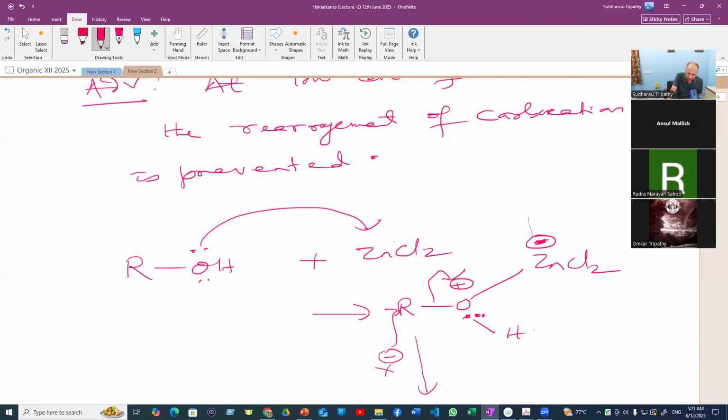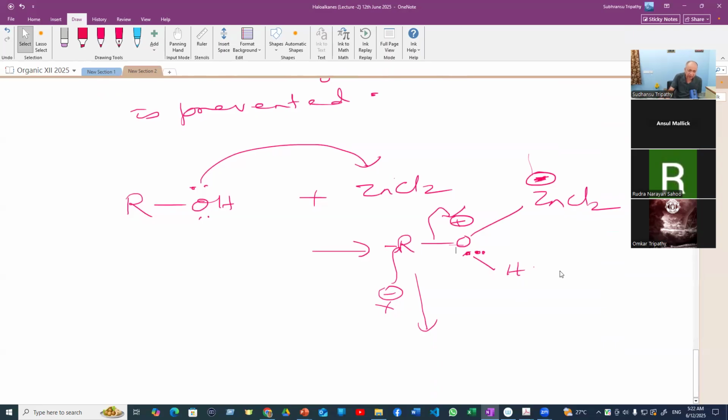So even if it breaks, a 3 degree carbocation can be formed, but it forms an intimate ion pair, and so it doesn't allow the carbocation to be active because of the attraction between the two. So you get this one with Zn, this OH goes ZnCl2OH.